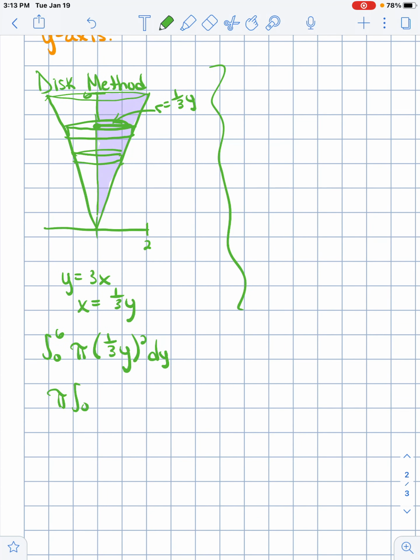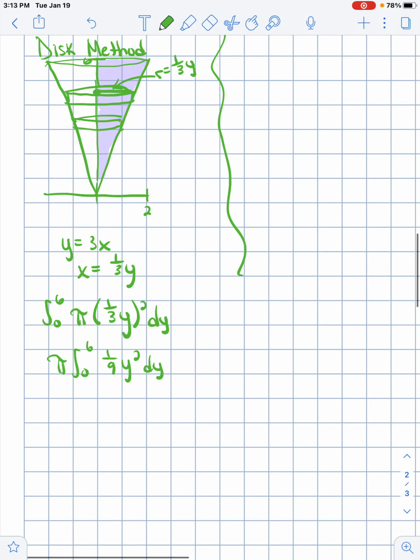So I get 1/9 y squared, integration, 1/27 y cubed. I'm going to plug in 6.